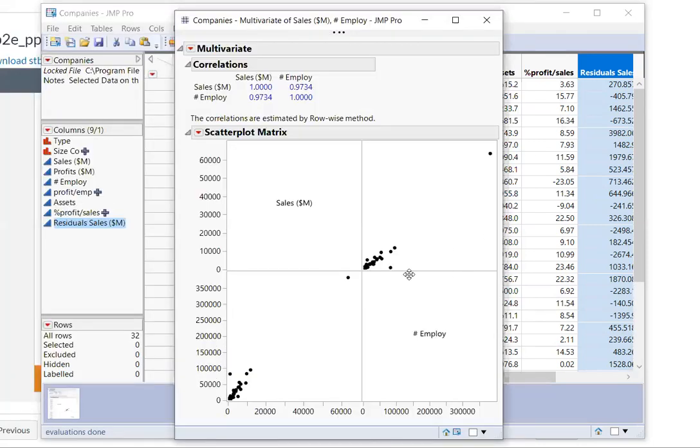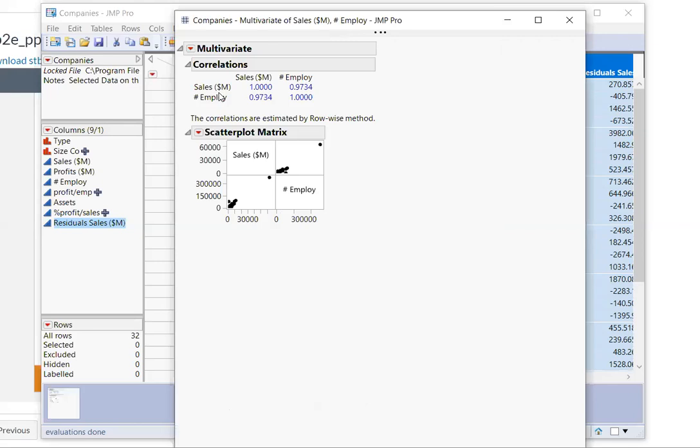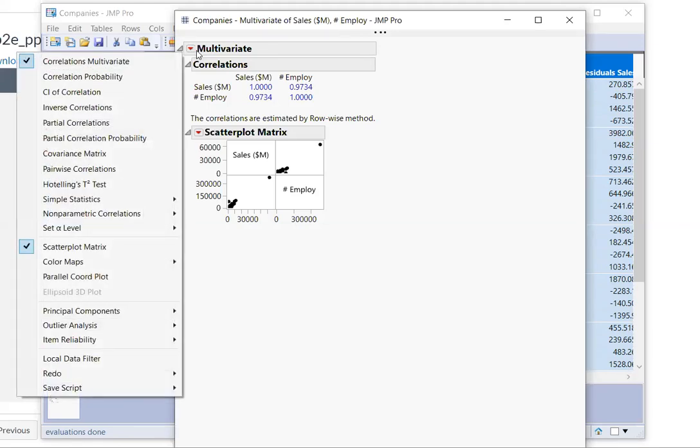So these are the scatter plots. That's not what we are looking for here. We're looking for outlier analysis under the multivariate red triangle. Down here on the left-hand side, you have outlier analysis.